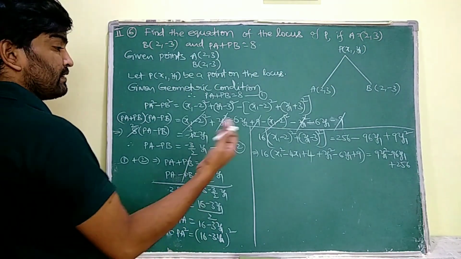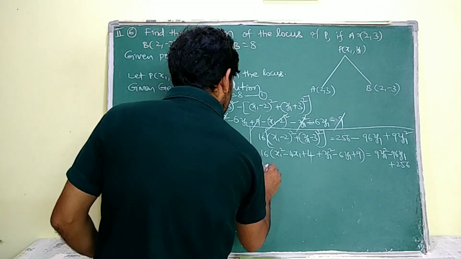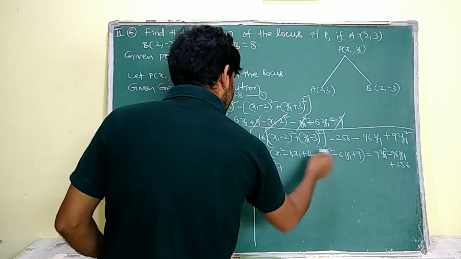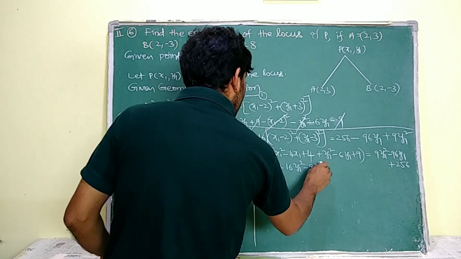Okay now, bring all the terms to the left-hand side. So 16x1 square minus, just write y1 square here, 16y1 square minus 9y1 square.